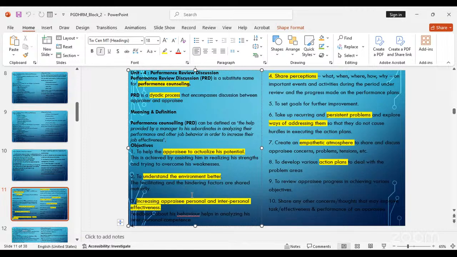By giving feedback about performance and behavior, it helps in analyzing individuals' interpersonal competencies. Not only that, sharing perceptions, what to do, when to do, how to do, all these aspects can be shared between the two parties involved, appraiser and appraisee.